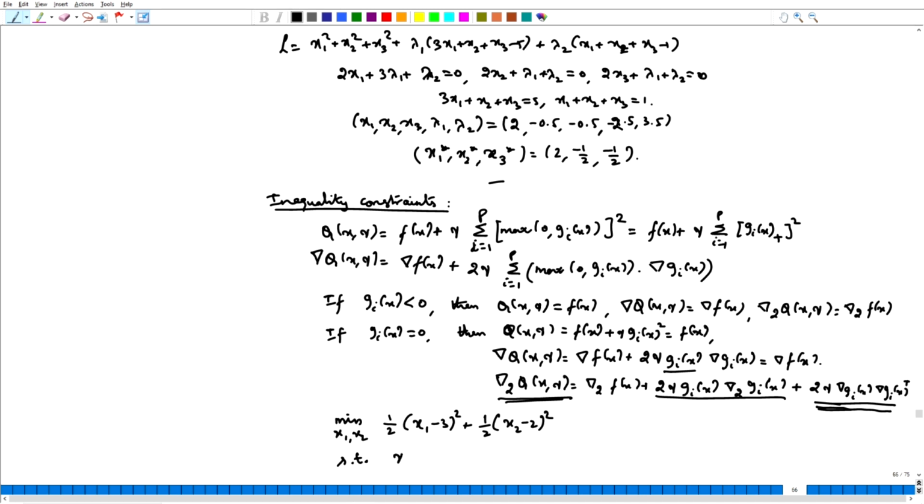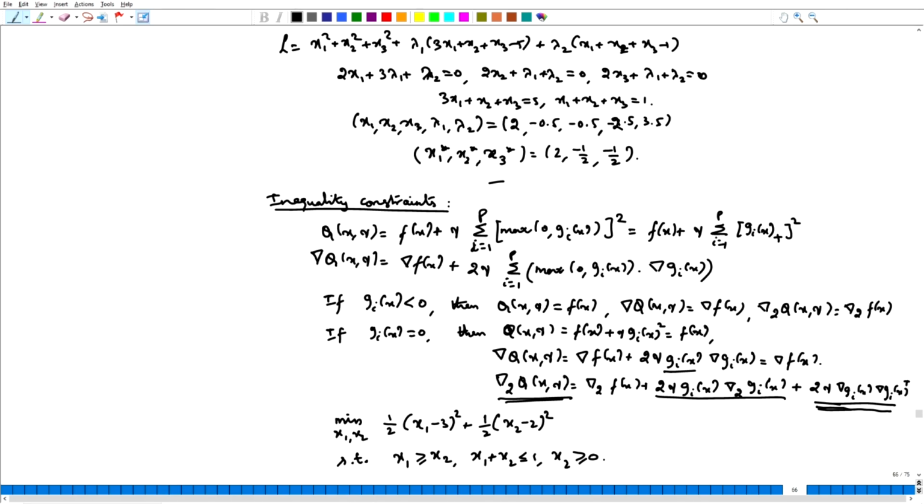One is x1 greater than or equal to x2, the other is x1 plus x2 less than or equal to 1, and the other is x2 greater than or equal to 0. So, we want x2 to be non negative, we want x1 to be greater than or equal to x2, and we also want x1 plus x2 to be less than or equal to 1.